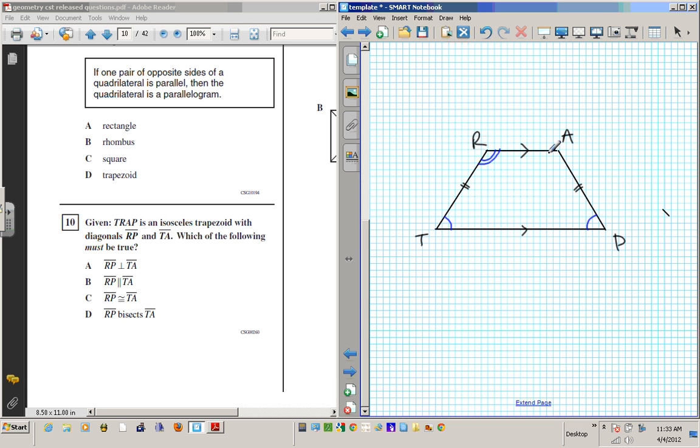Same side interior angles are congruent anytime you have parallel lines cut by a transversal. Okay, so there you have it. It says you also have diagonals RP and TA. So let's draw diagonal RP right here, and diagonal TA.